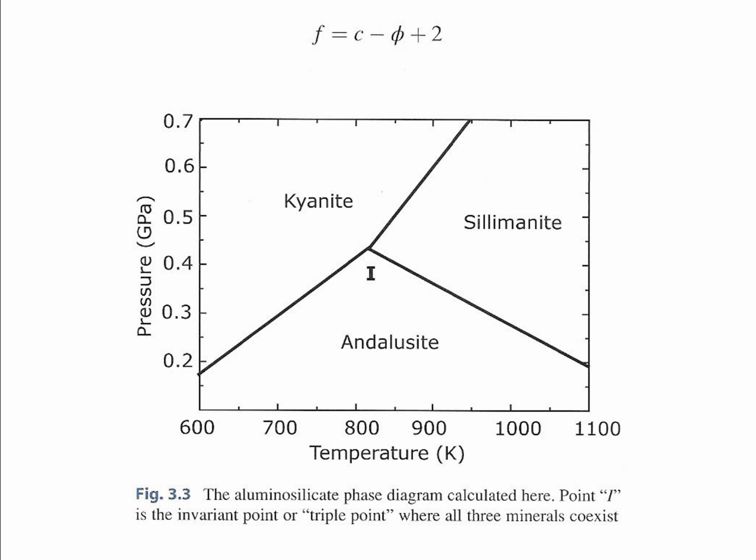So then we have here the point I, which is the invariant point, or the triple point, where all three minerals are coexisting. And along this line we have a univariant line, and along this line we have one degree of freedom, because when we give in a certain temperature, we will get a certain pressure.